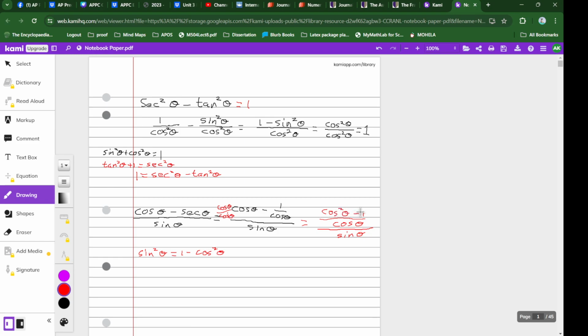But that is really just this value multiplied by negative 1, which means this numerator is actually just negative sine squared theta, and it's still over cosine theta, and it's still over sine theta.